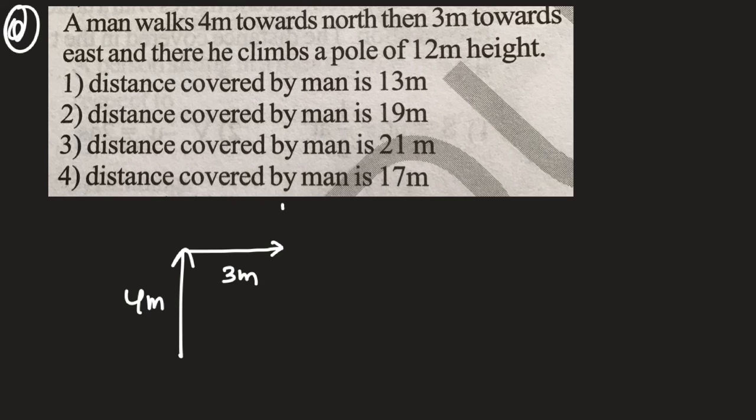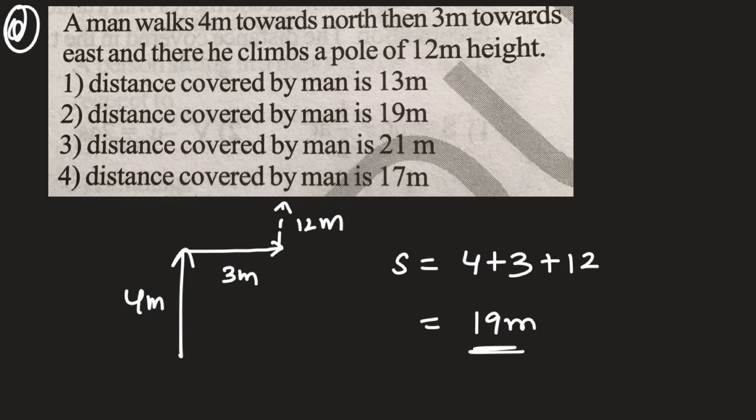Then he climbs 12 meters here. Distance means simply the total path length. It means 4 plus 3 plus 12. So 19 meters will be the distance covered by the man.